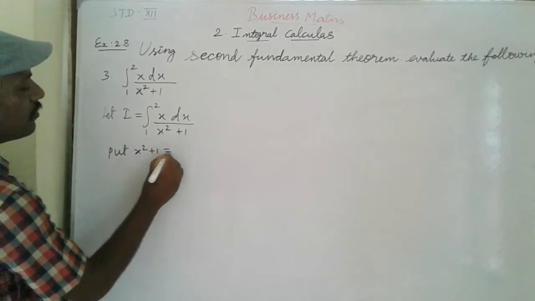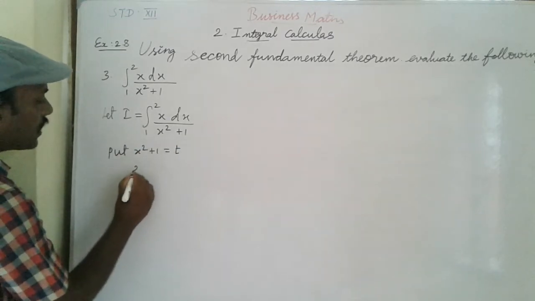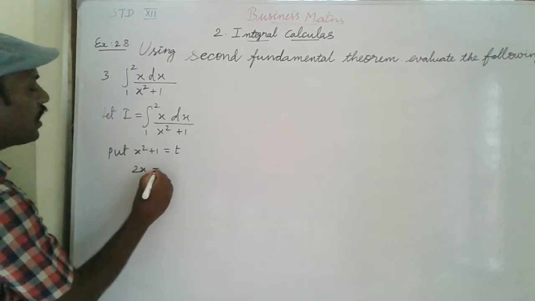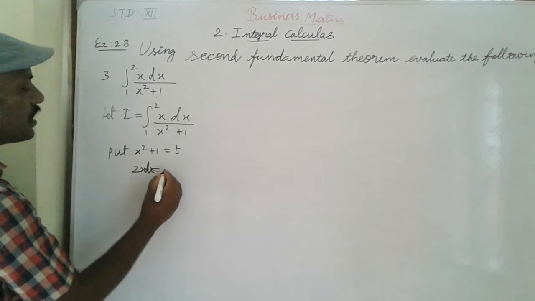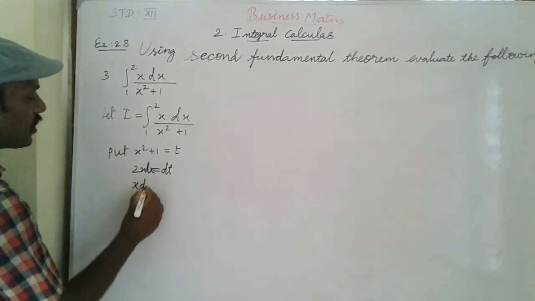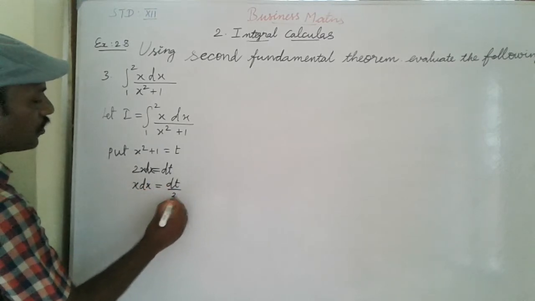Differentiating with respect to x: x square gives 2x, the constant gives 0, so 2x dx equals dt. So x dx equals dt divided by 2, taking the constant to the right-hand side.